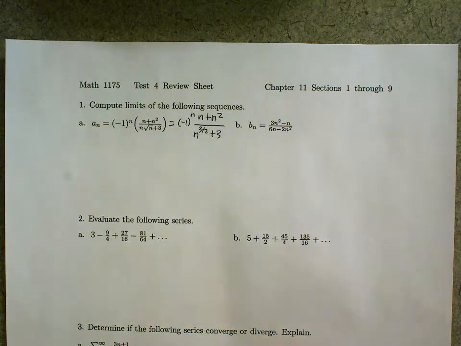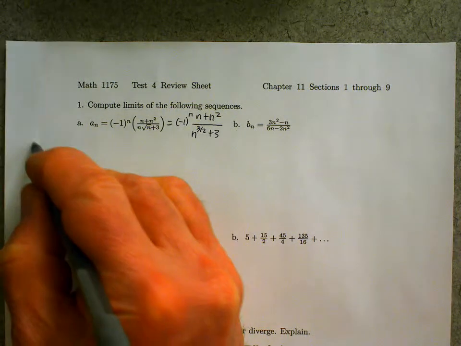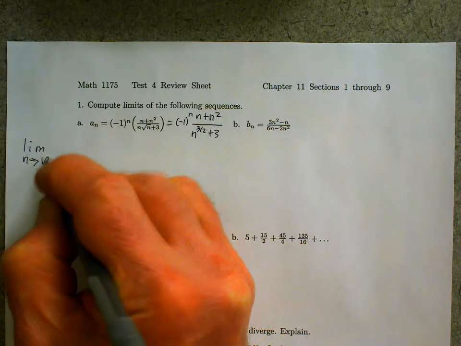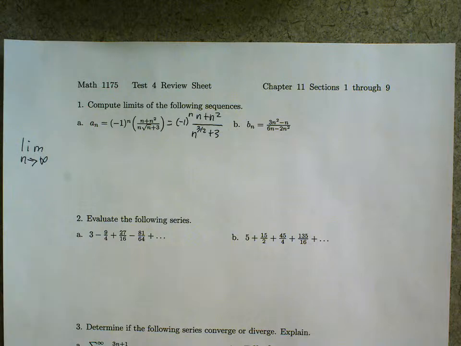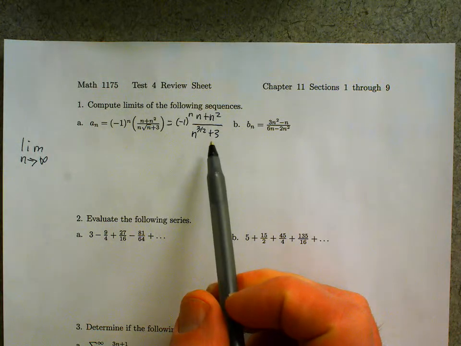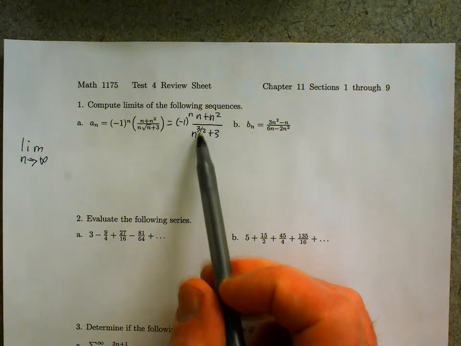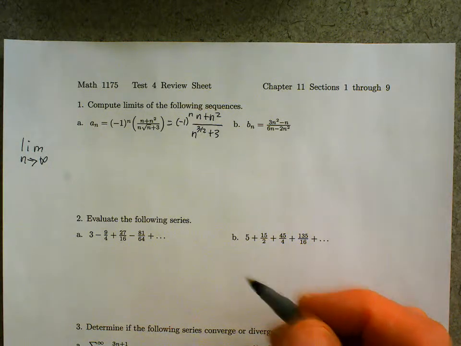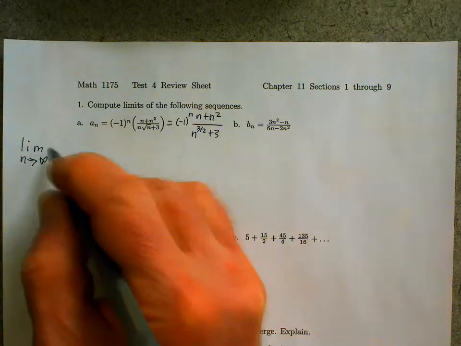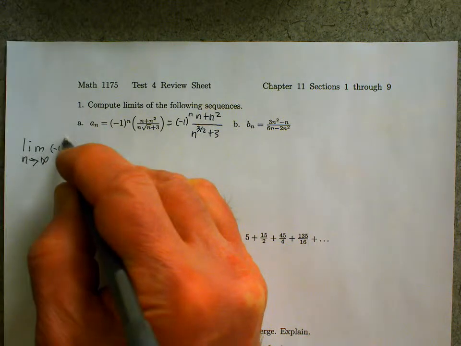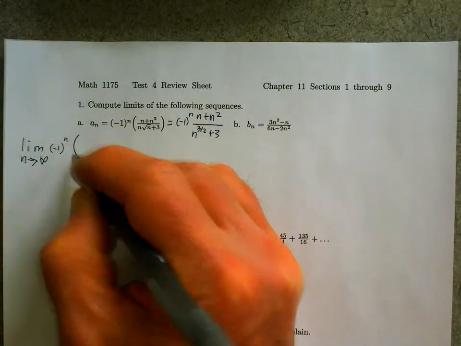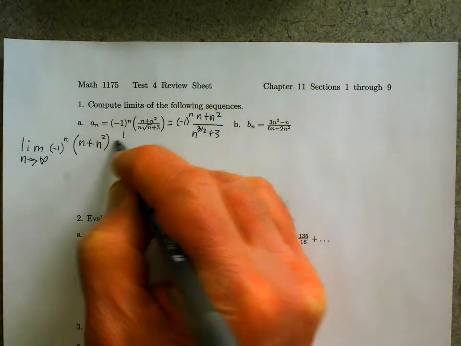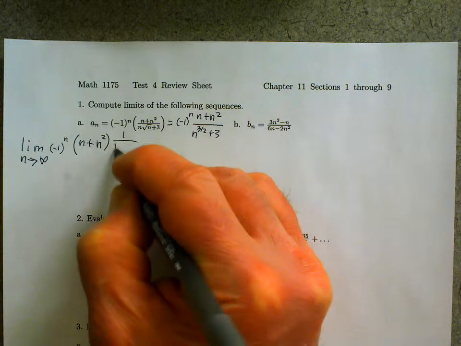And then before we compute the limit, we'll multiply by 1 in the form 1 over n to the 3/2 over 1 over n to the 3/2. So we're going to multiply the numerator, n plus n to the second, by 1 over n to the 3/2.